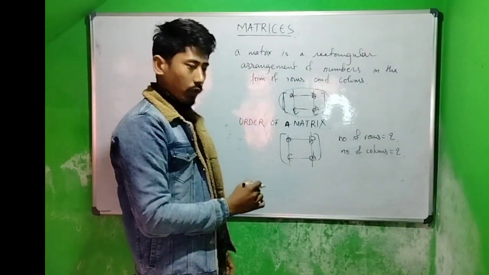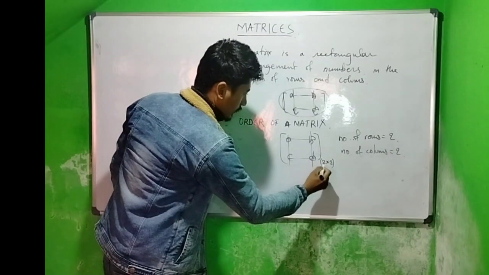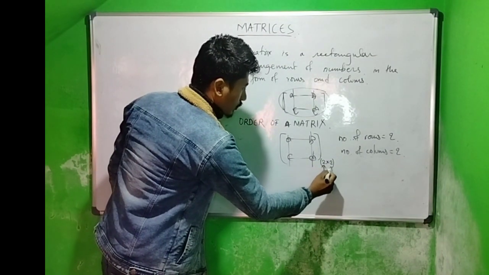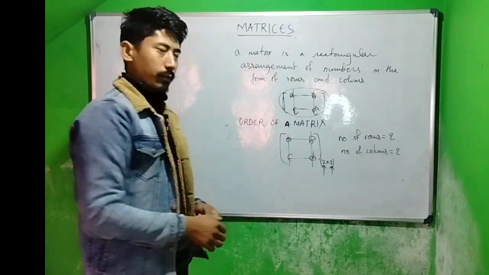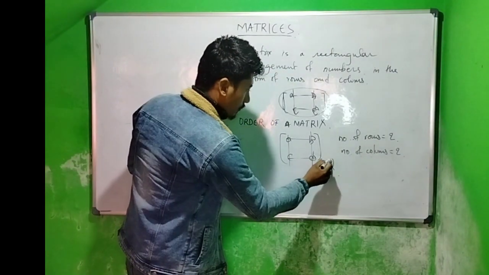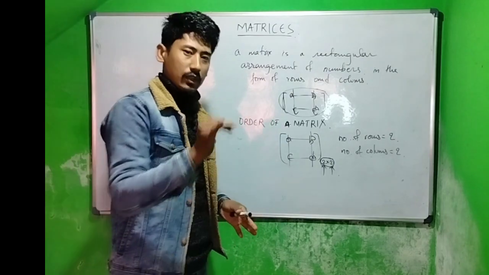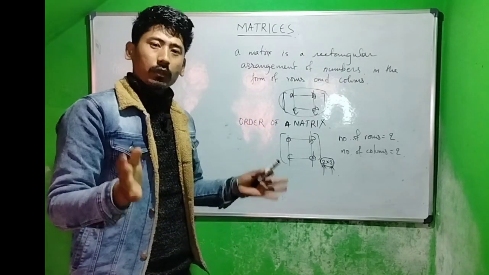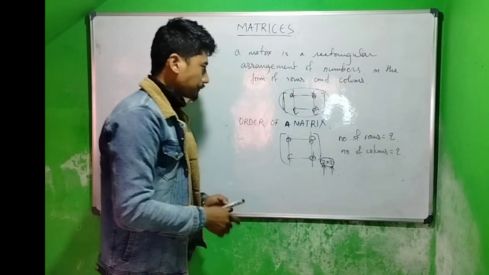So you write this order as 2 by 2, that is 2 rows and 2 columns. This is the only thing the order of a matrix gives us. And if you multiply these two numbers, the number of rows and number of columns, you will get the total number of elements present in the matrix.